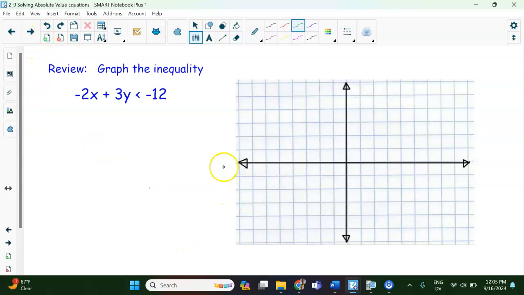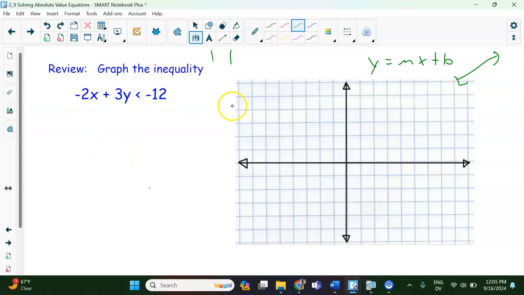Okay, one final inequality here. And this one isn't absolute value. There's no fence post. So again, I'd pause the video and try this. Okay, so big picture on this, without the fence post, it's just going to be a line. So we're going to get it to y equals mx plus b, and then just graph the line and shade above or below it.